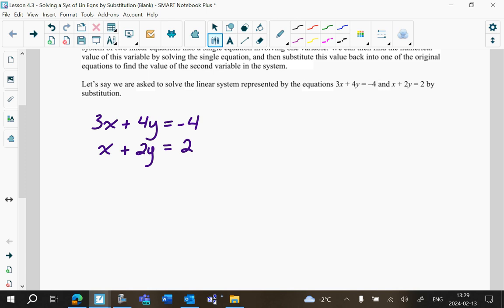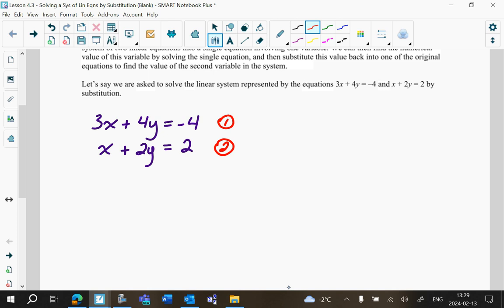Okay, here's how we do it using substitution. So I'm going to call the first one equation 1, second one equation 2. And the next question I'm going to ask you is, if I asked you to take one of the equations and get x or y by itself, which one looks like it would be the easiest?